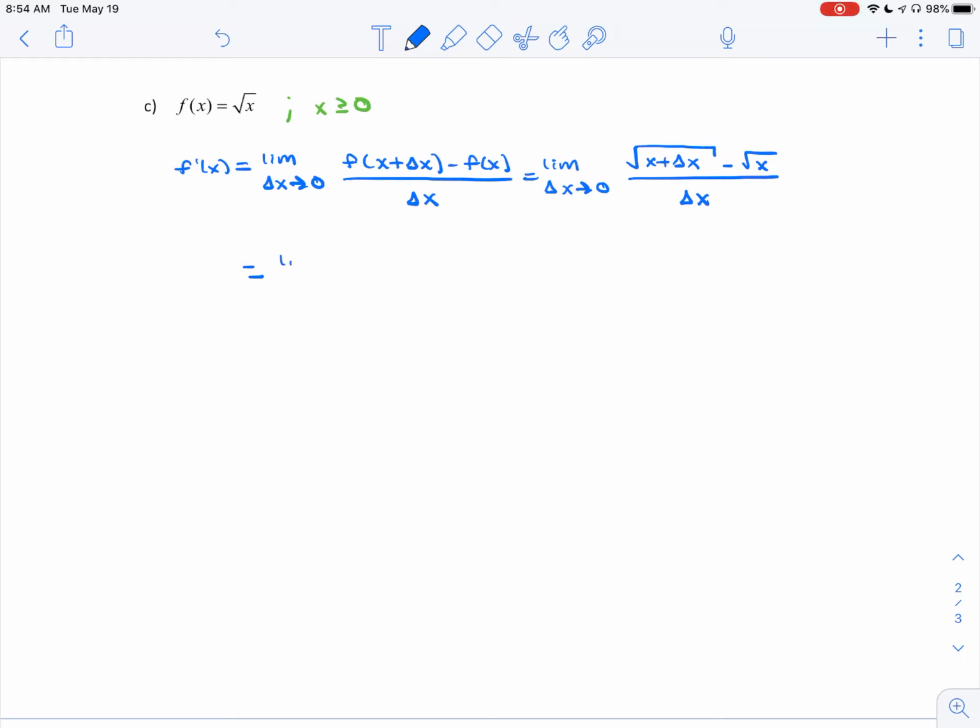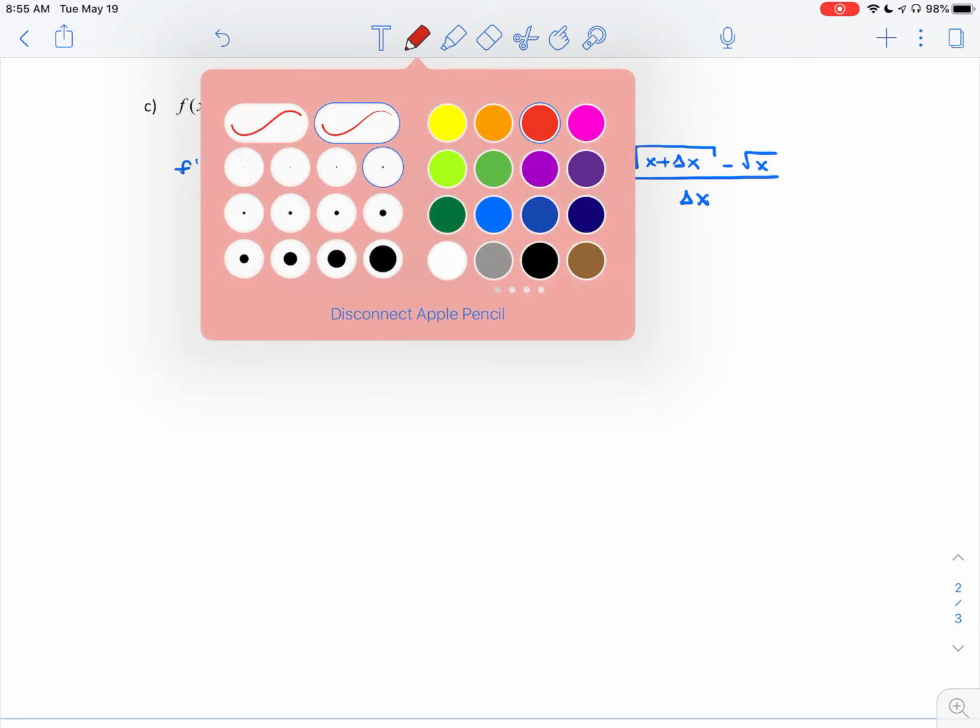Okay, now in order to simplify this a little bit further, let me just go ahead and copy this down first so I have a little bit more room to work with. We're going to use a technique that we did in the previous unit when evaluating limits with square root functions. We're going to use that rationalizing technique that we did before.